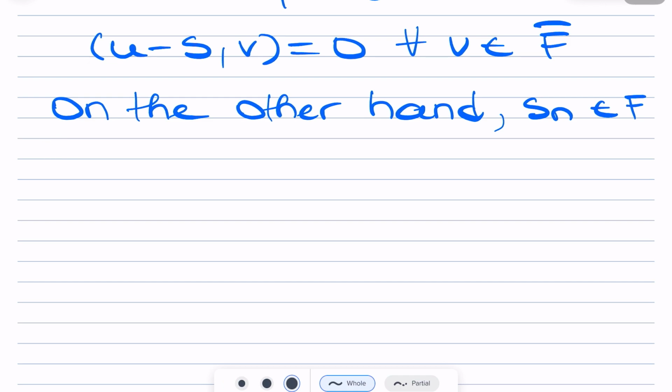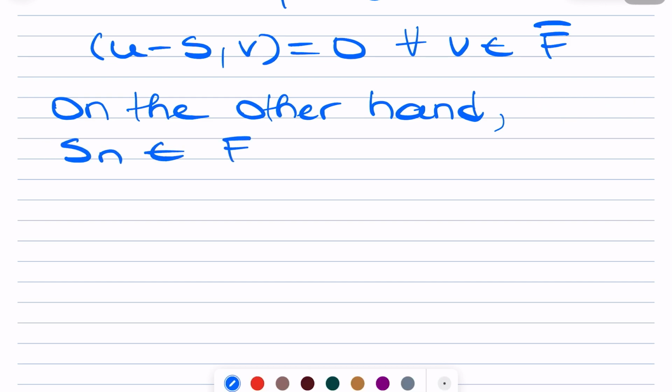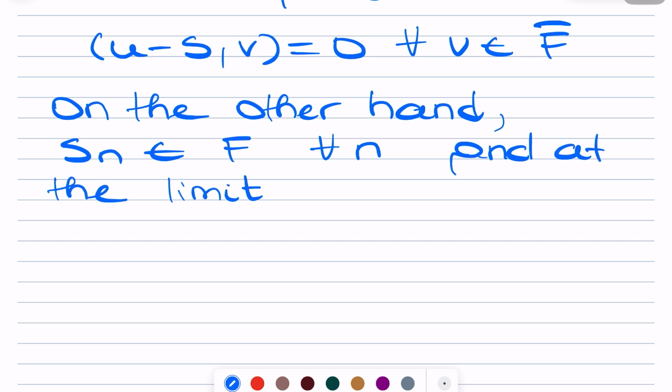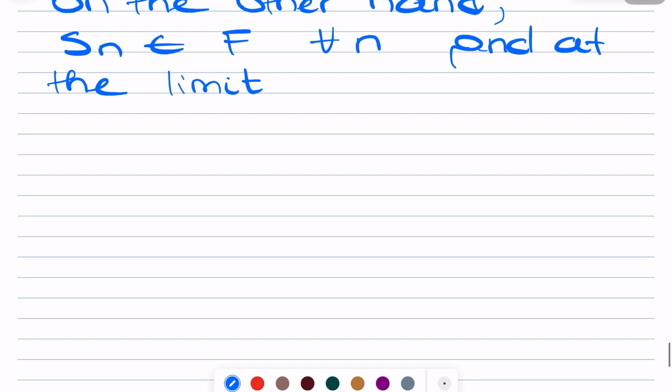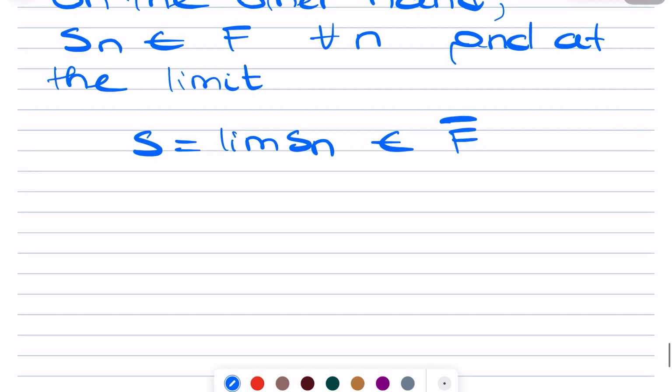On the other hand, S_n belongs to F for every n, and at the limit we get that S, which is the limit of S_n, is an element of the closure of F, right?